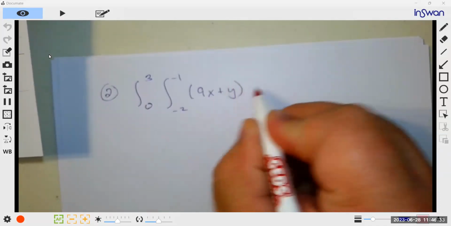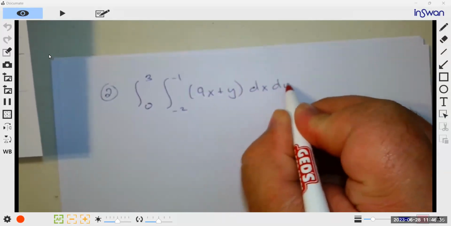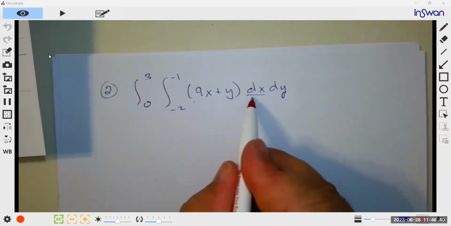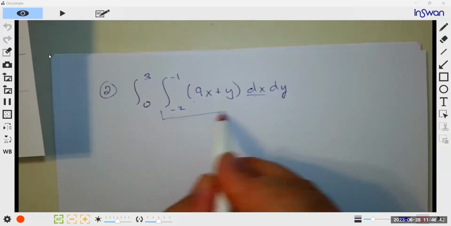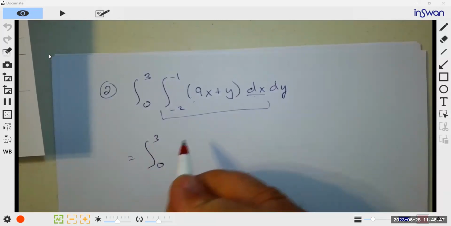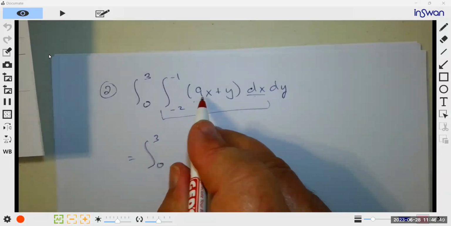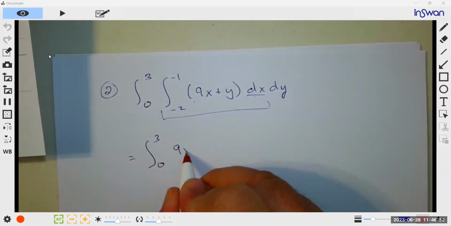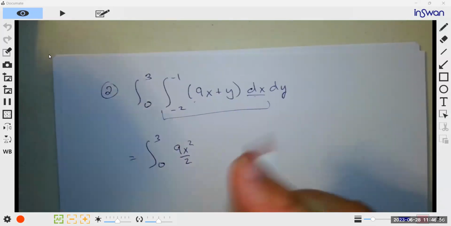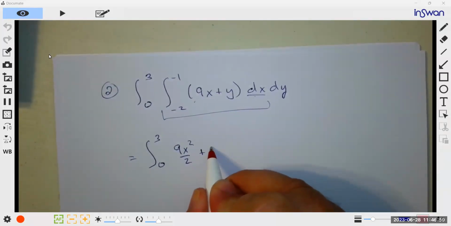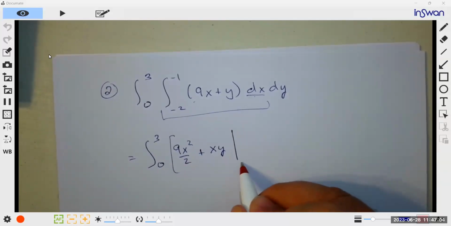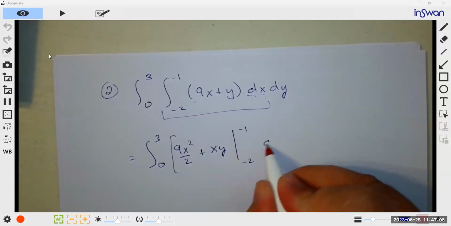We have to take this integral with respect to x. So the integral of 9x with respect to x is 9x squared over 2 plus xy. That's from -2 to -1.